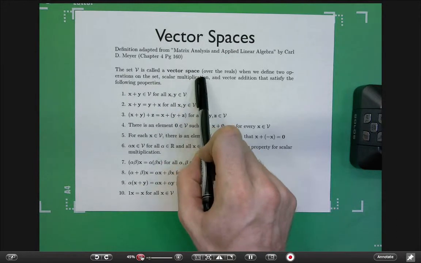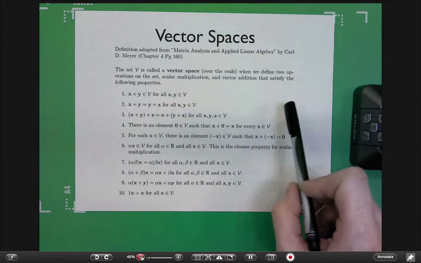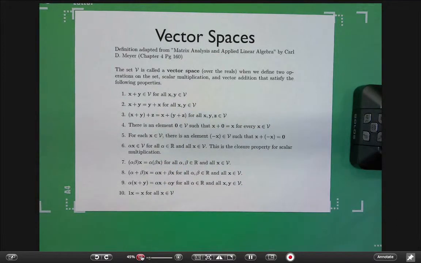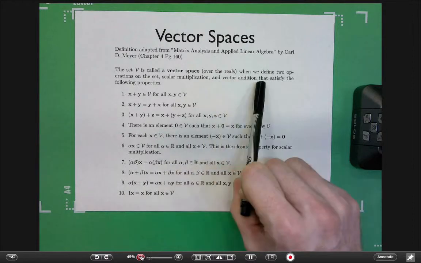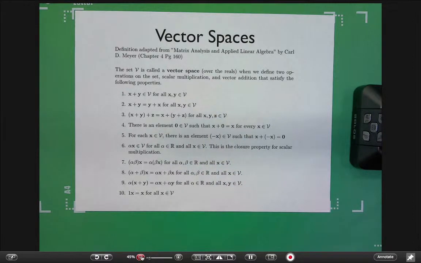vector space. So specifically in a vector space, we take some set, and on the set we define scalar multiplication and vector addition. So those are the two basic things you can do to a vector. So a vector space is a set, which is a collection of vectors. Every vector I can multiply with a scalar, and I can add it to another vector.